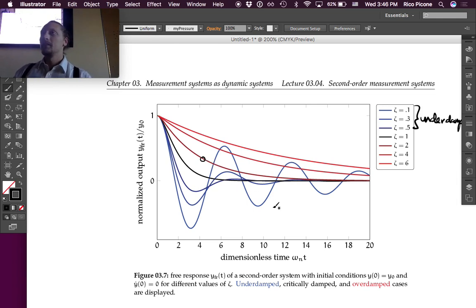So it's a trade-off. Depending on your application, you might want to be a little bit underdamped or a little bit overdamped, or maybe critically damped. Somewhere in that region, though. You don't want too much oscillation, and you don't want too slow of a response. You want some sort of medium that works for you.